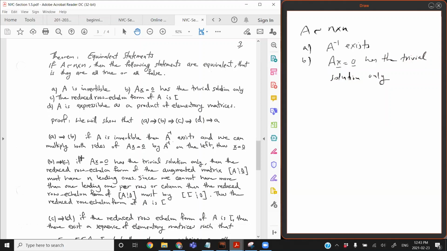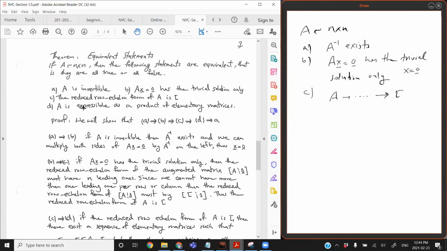And the trivial solution means X could only be 0, the origin. Part C of the theorem says that the reduced row echelon form of A is I. That is, you can perform a series of row operations on A, and eventually you will arrive at the identity.